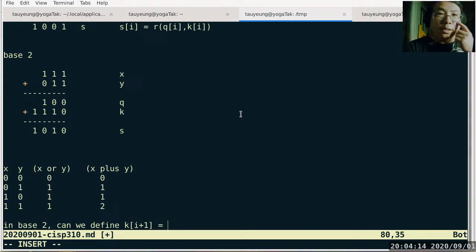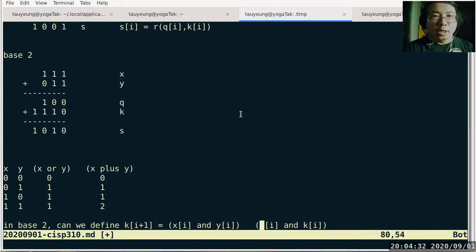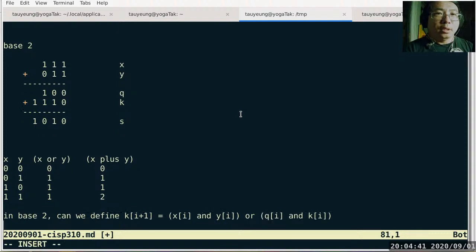We define it as x_i and y_i, that's just the C function, which we have already talked about. And then the other side is q_i and k_i, which we have also talked about. So the key here is, instead of using plus, can we use or? That is the question of the minute.